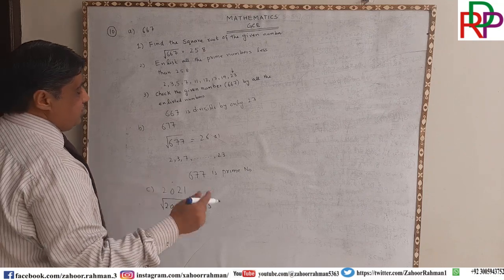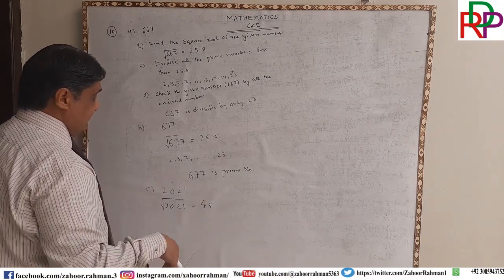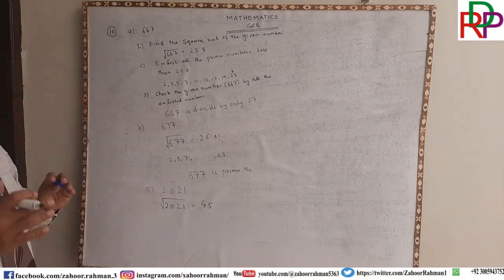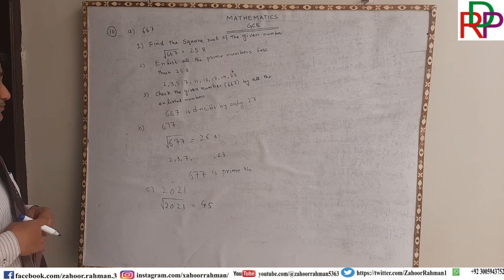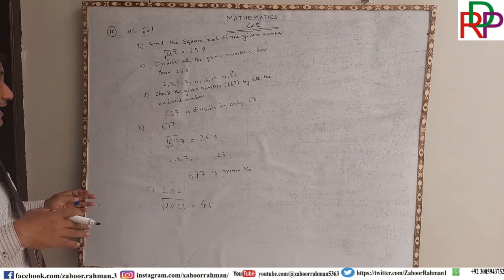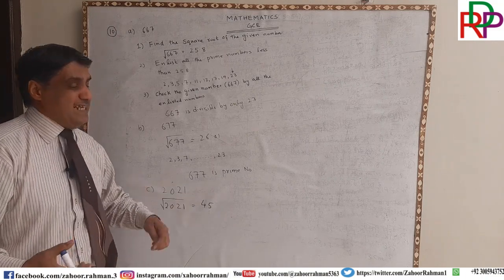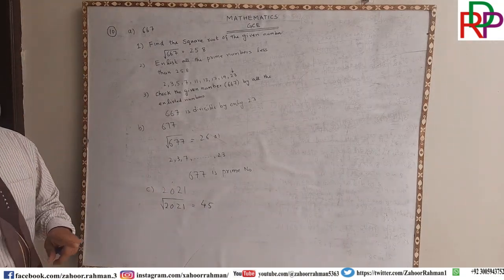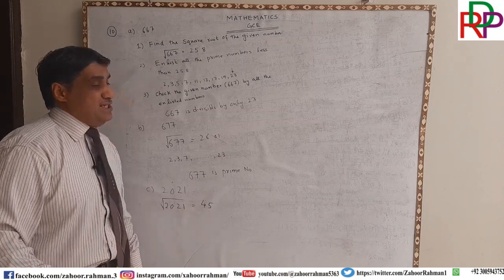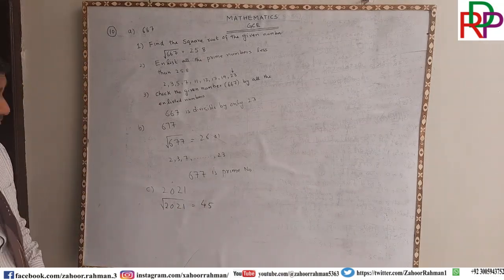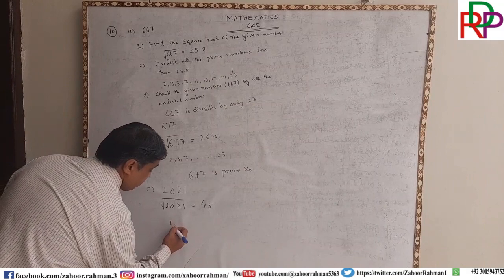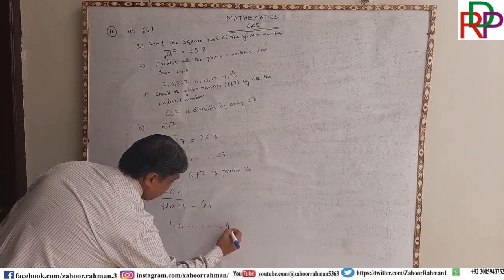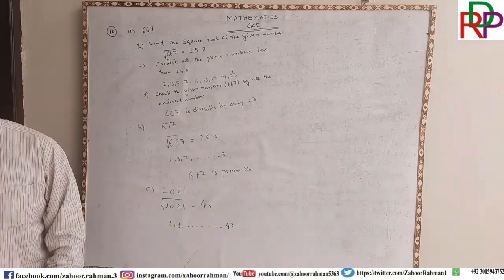Now you have to list all the numbers from 2, up to the largest prime number less than 45. So all the way 2, 3 and going on up to 43.